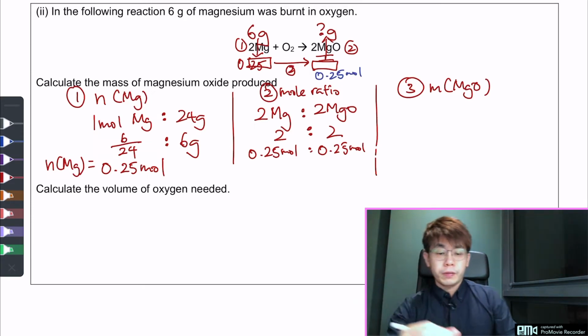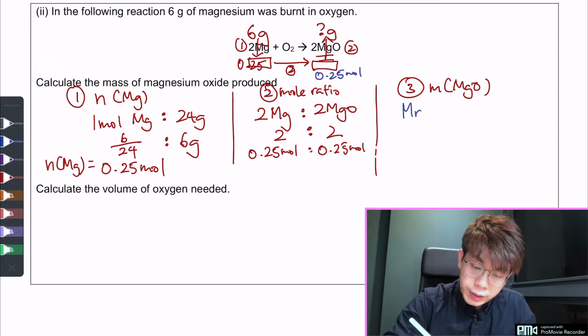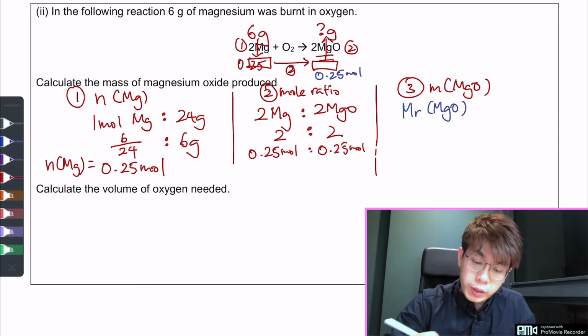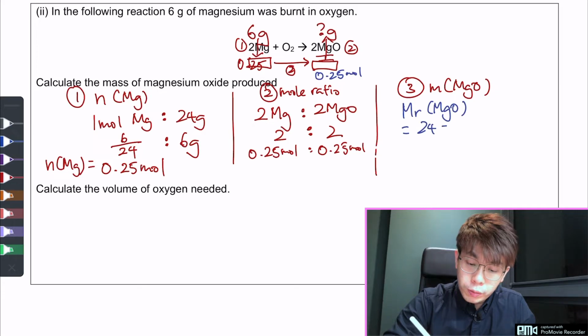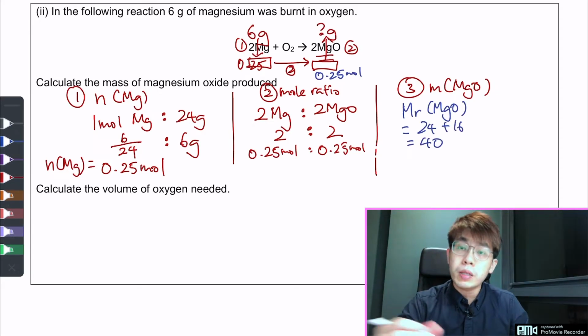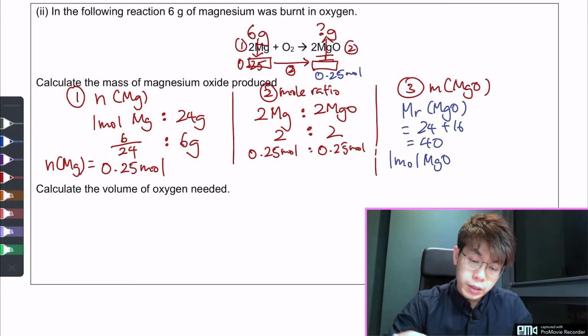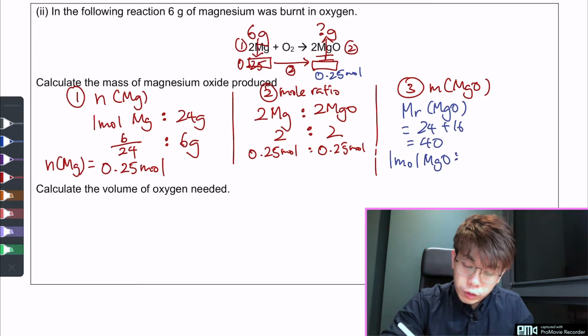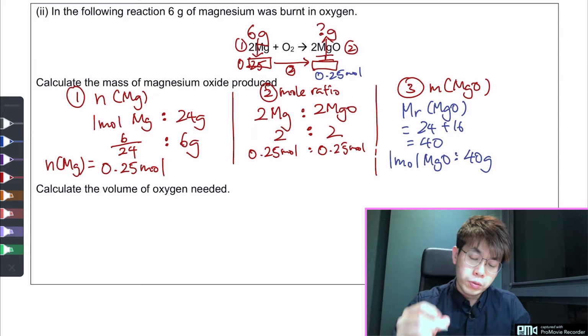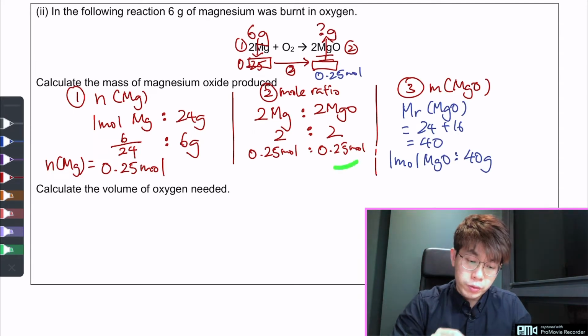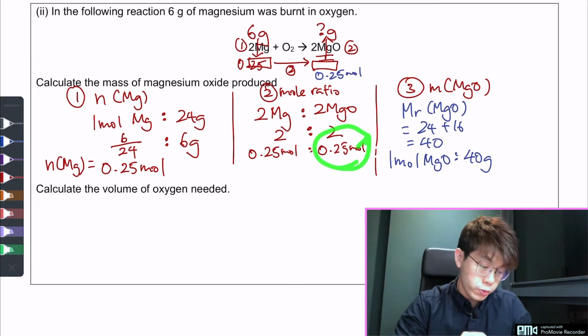Again, I need to find the Mr of magnesium oxide. So you see how to do the working: 24 plus 16 is equivalent to 40. What does this Mr mean? It means that 1 mole of magnesium oxide is equivalent to 40 grams. Now my question says that I have 0.25 moles.